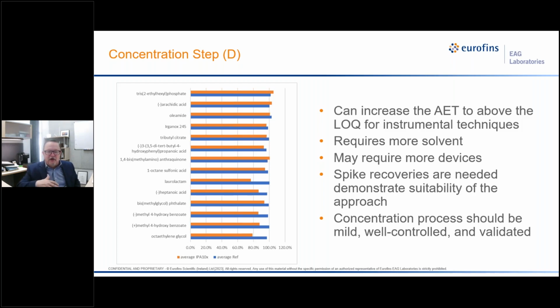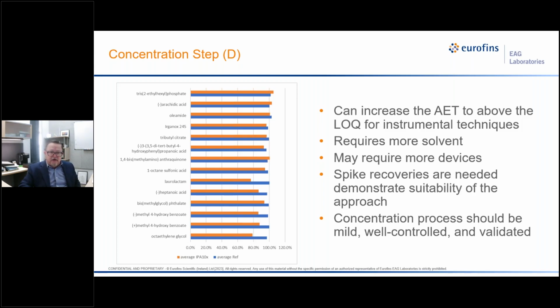So you need to kind of target what is your minimal amount of extractables solvent that you're going to need for all the analytical techniques, and then really target that as your endpoint. So if you need a 10-fold concentration, you need 1 mL, you need to make sure you're starting out with at least 10 milliliters of solvent, or you won't have sufficient solvent to analyze the samples. So it may require more solvent, may require more devices in order to hit that.